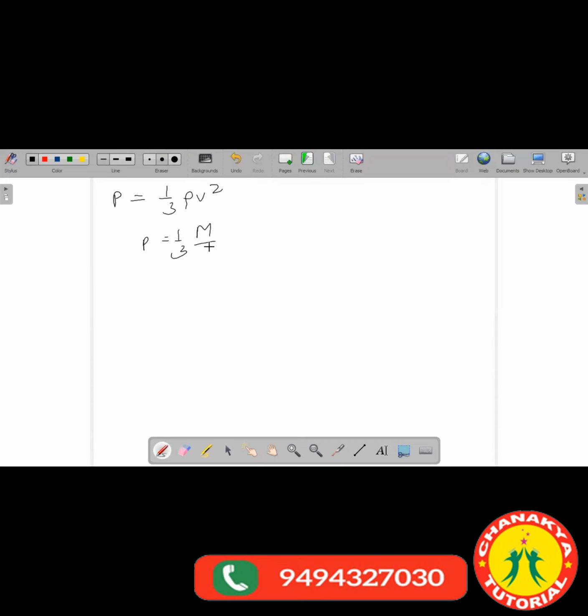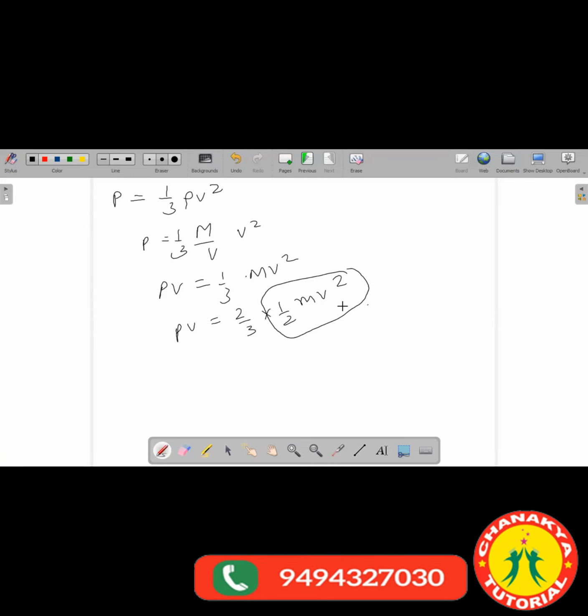Rho is mass by volume, and here you have v squared. You get PV equals 1 by 3 multiplied by mv squared. So you can say PV equals 2 by 3 multiplied by 1 by 2 mv squared, multiplied and divided by 2. And this 1 by 2 mv squared is nothing but kinetic energy.